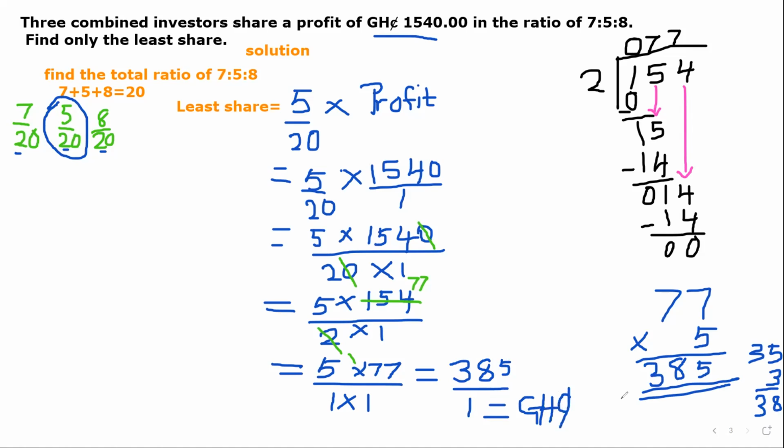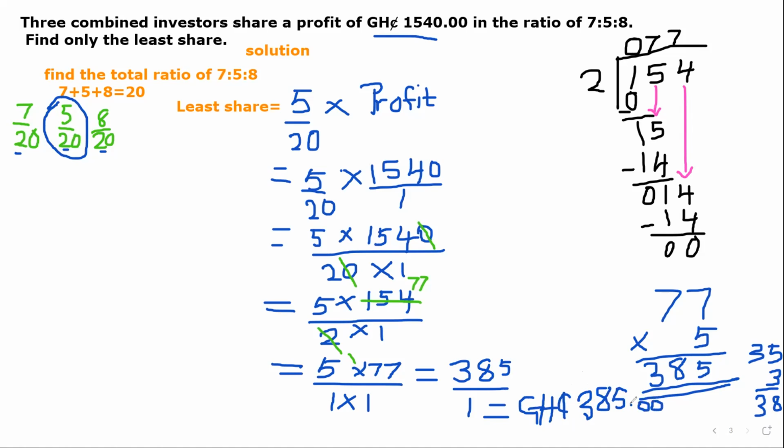Then the least person will receive 385 Ghana cedis, okay?